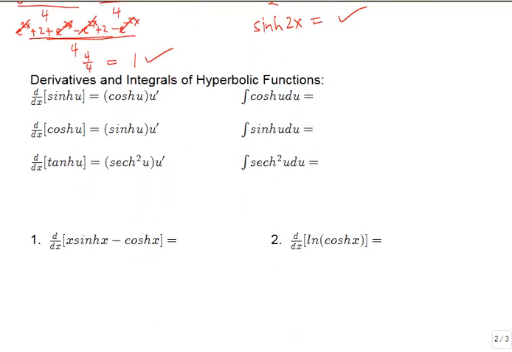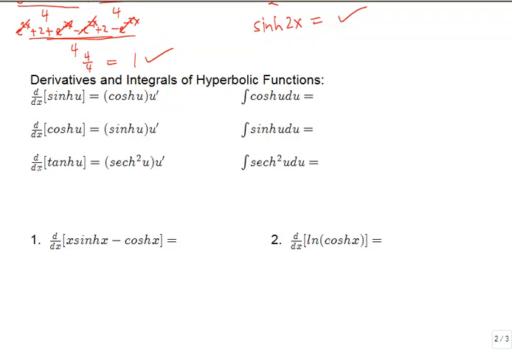Okay, let's look at some of our derivative and integral rules. Derivative of hyperbolic sine of u is hyperbolic cosine of u times u prime. So that's just the same as derivative of sine is cosine. In regular trig functions, we know that the derivative of cosine is minus sine, but in this case for hyperbolics, that minus doesn't need to be there because the derivative of hyperbolic cosine is just hyperbolic sine.